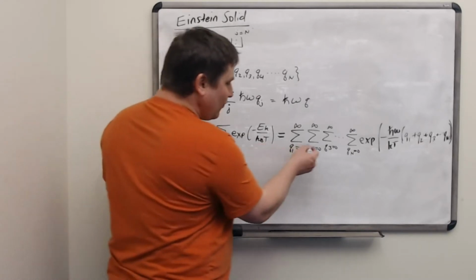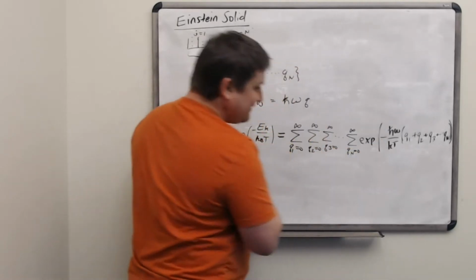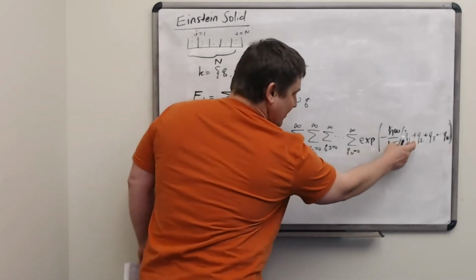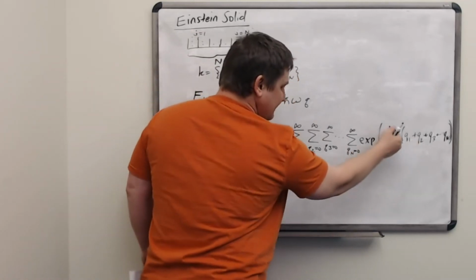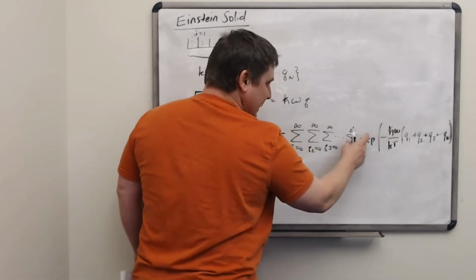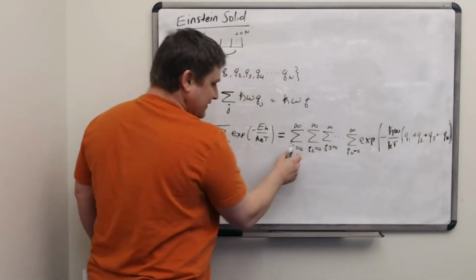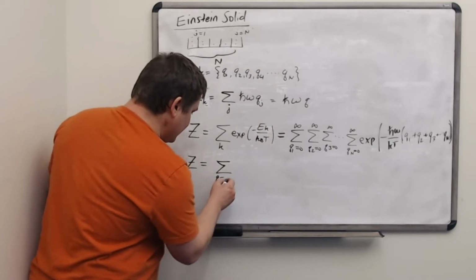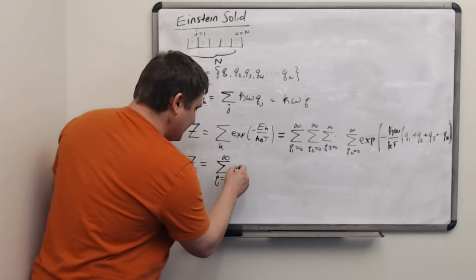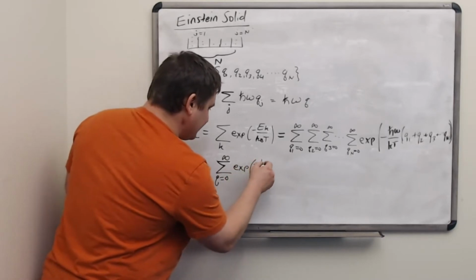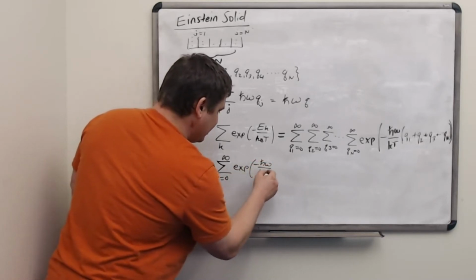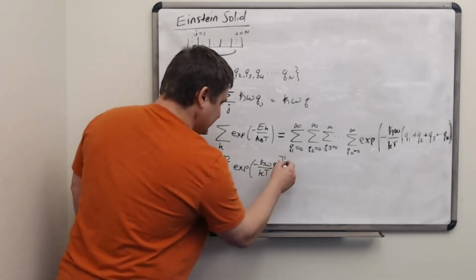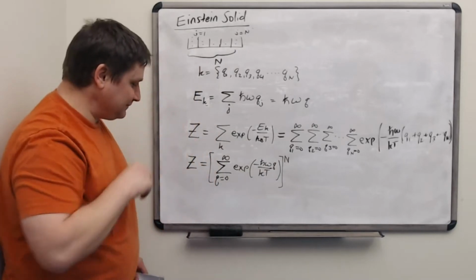So actually, each one of these sums is identical, right? If we separate out the q1, we'll get e to the minus h bar omega q1 over kT times the rest of the exponentials. We can pull that into the q1 sum. And so this is essentially the same as any q from 0 to infinity, exponential of minus h bar omega over kT times q. This sum done and multiplied by itself n times.